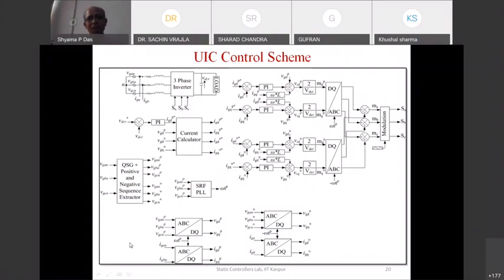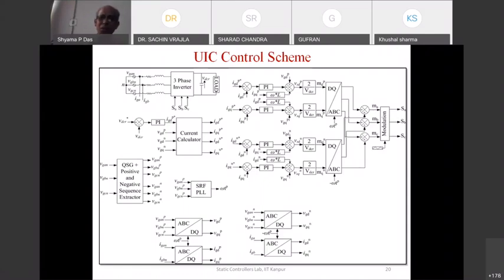As we have seen from the previous equations, this current calculator has got the equations only. This current calculator is basically a set of equations to which we feed IGDP, and we also feed VGDP, VGDN, VGQN. This current calculator is basically given in the previous slide.